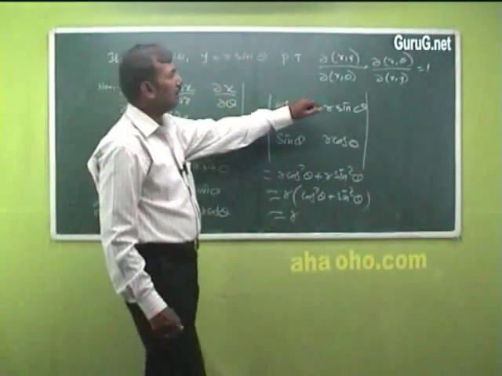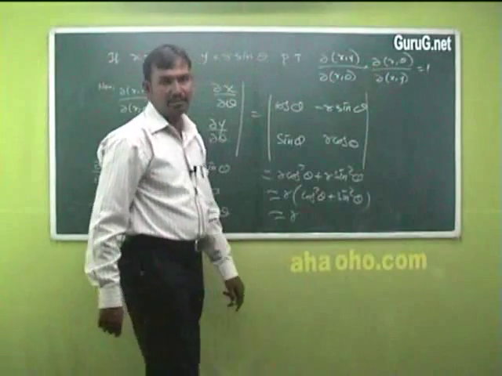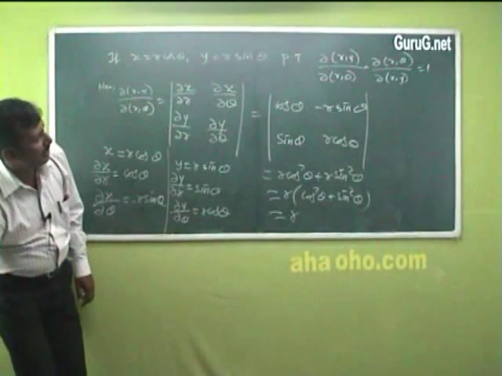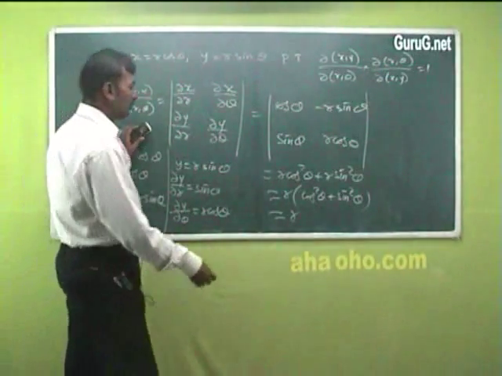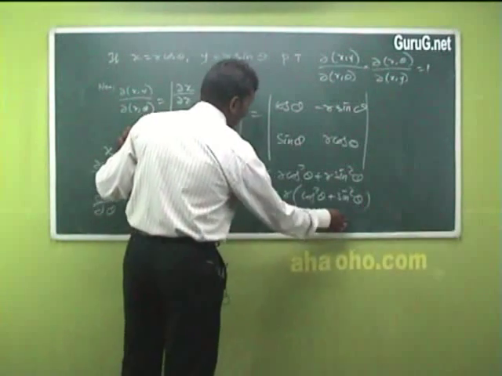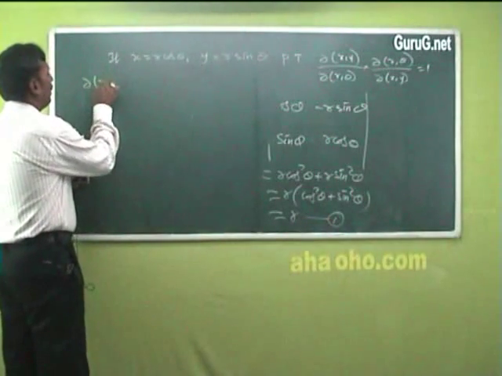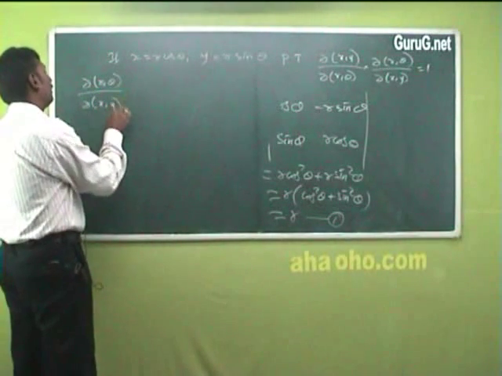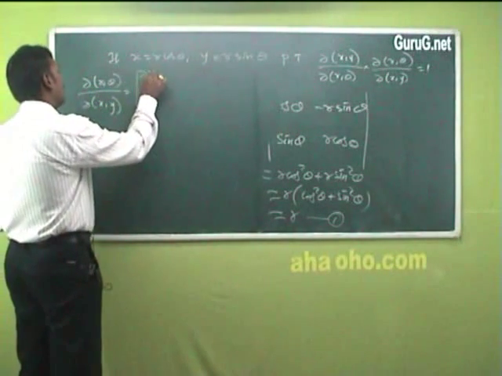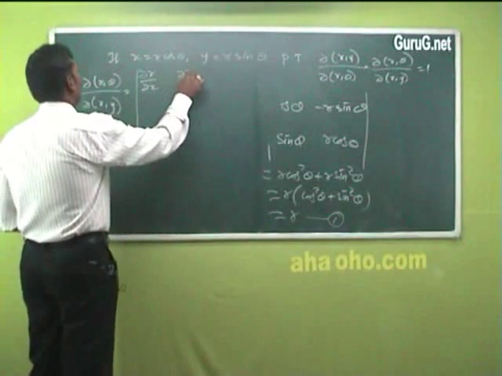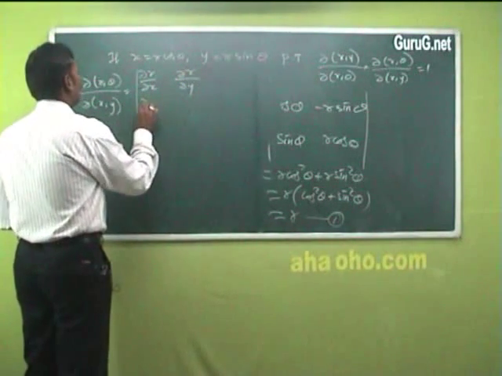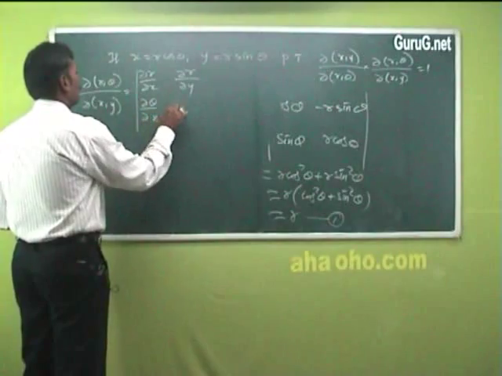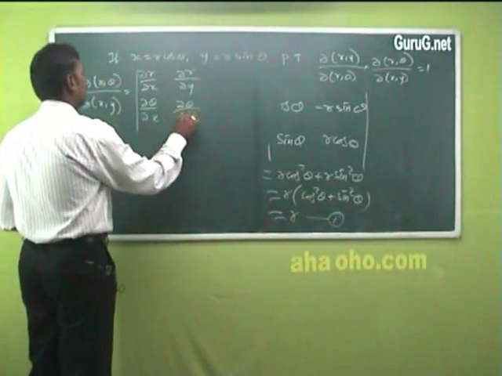Now the second part, ∂(r,θ)/∂(x,y). Remember this result, equation number 1. So ∂(r,θ)/∂(x,y) is the determinant ∂r/∂x, ∂r/∂y, ∂θ/∂x, ∂θ/∂y.